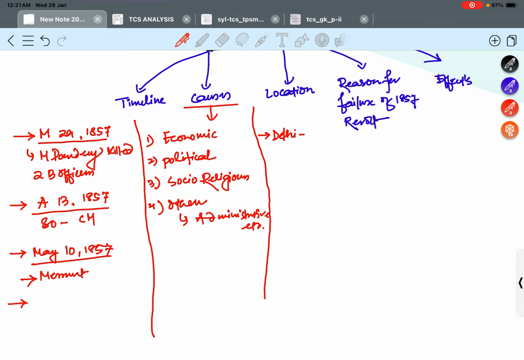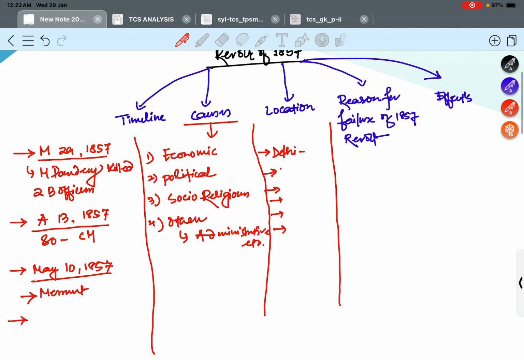Next Kanpur, Lucknow, Jhansi: the leader was Rani Lakshmibai, in Kanpur the leader was Nana Saheb, and Lucknow. In this way you have to mention those locations as well as who was leading those revolts. If you do this much in location, this will be done.